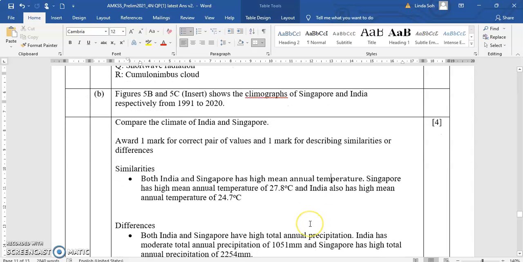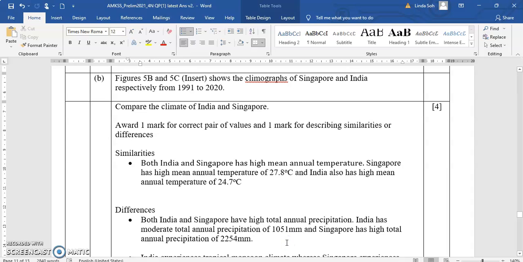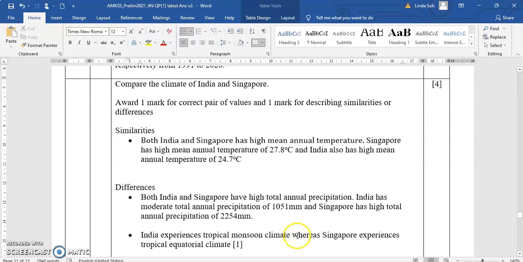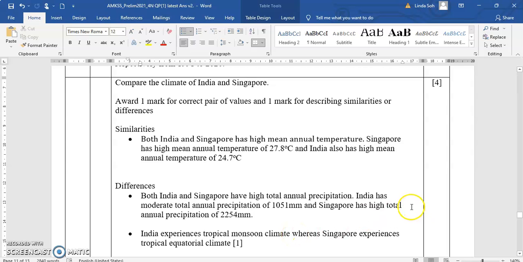For the difference, you can talk about the total annual precipitation. India has moderate total annual precipitation of 1051, whereas Singapore has high total annual precipitation. So remember TAP.